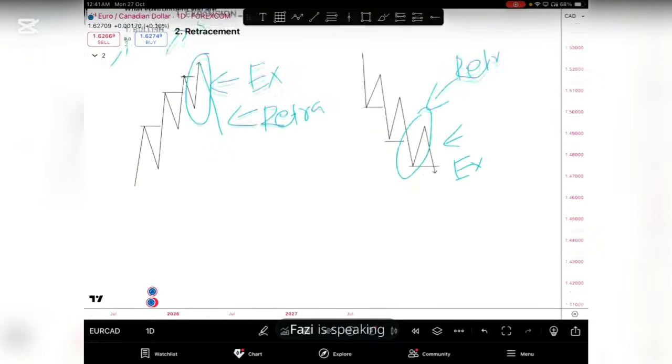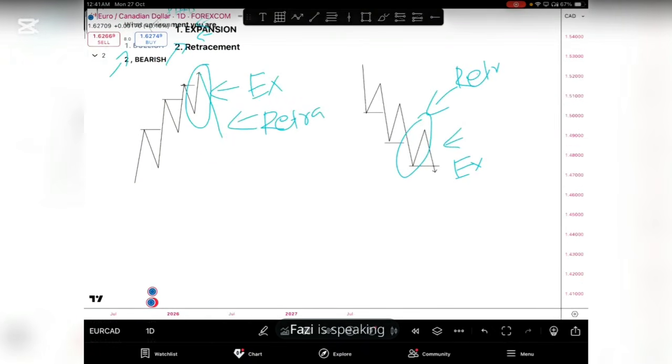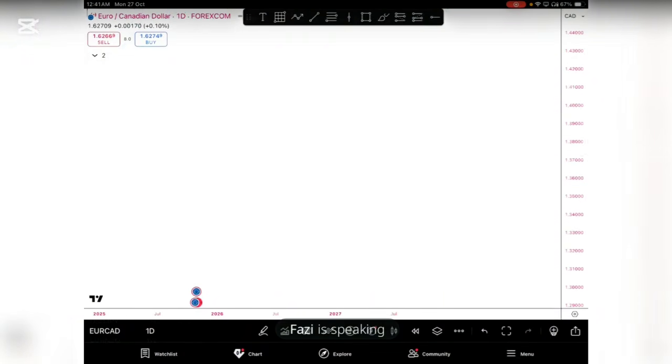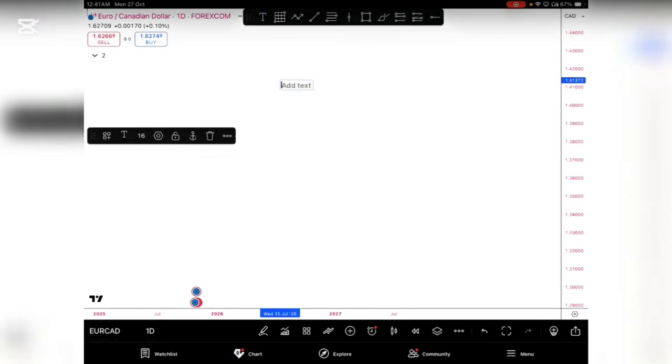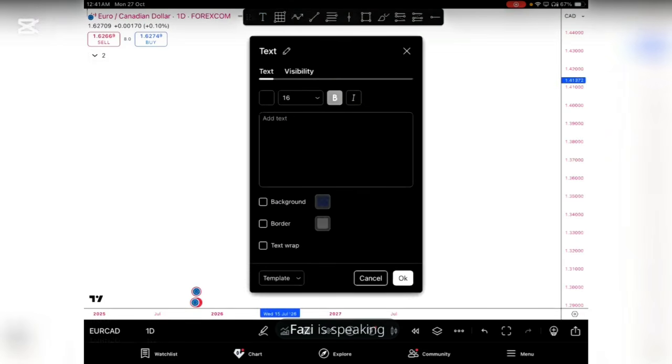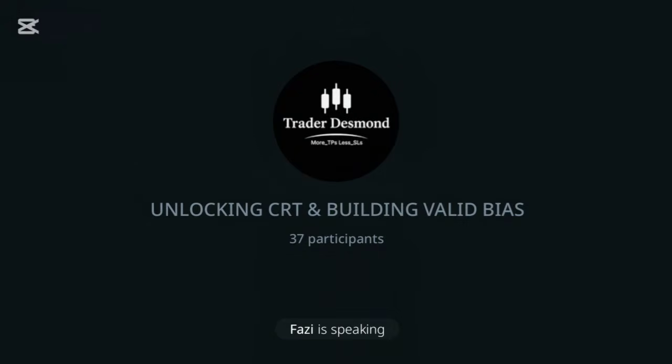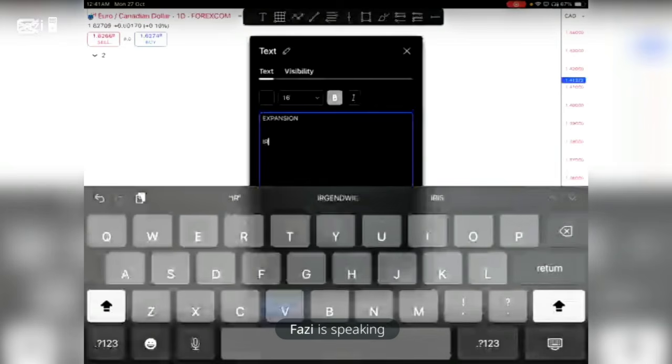Before choosing your trades, you need to understand what type of move this is, what type of environment and what types of phases. If it is an expansion move, the price will move from internal range liquidity (IRL) to external range liquidity.